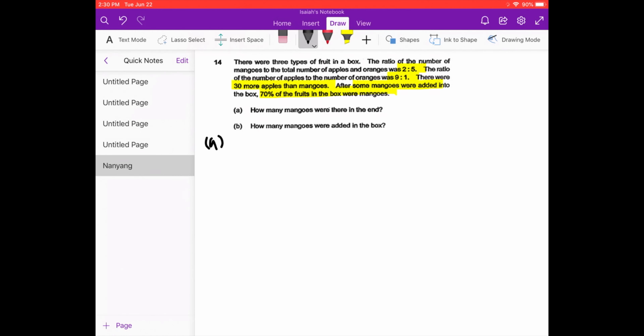Okay, to solve part A, let us just put all the information that we have in the question in a mathematical form. Just by looking at those numbers, it should give you an idea on how to solve this part. Let M represent the number of mangoes, to the number of apples and oranges combined, A plus O, is 2:5.